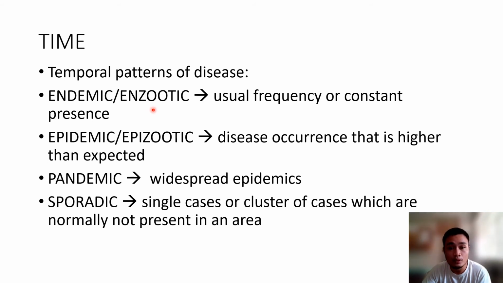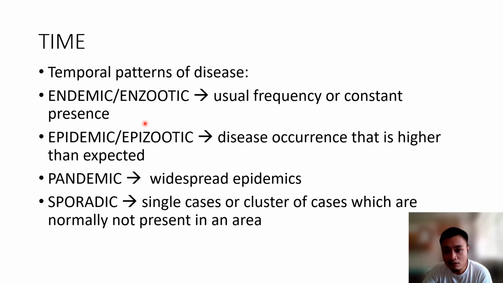So for example, Cotabato province is endemic for schistosomiasis, endemic for fasciolosis, endemic for other animal diseases that are just there. The occurrence may fluctuate, but they are constantly there.